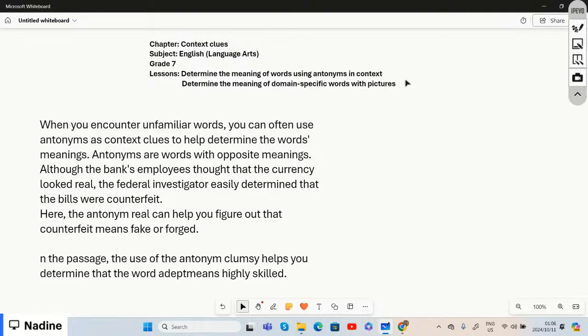And when it comes to context clues, and determining the meaning of words using antonyms in context, when you encounter unfamiliar words, you can often use antonyms, words with the opposite meaning, as context clues to help determine the word's meaning.